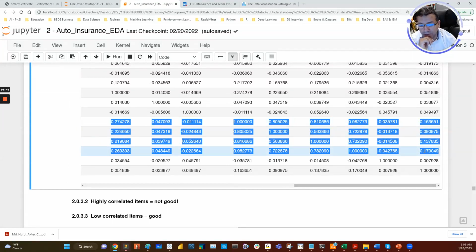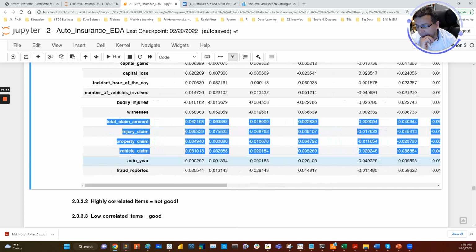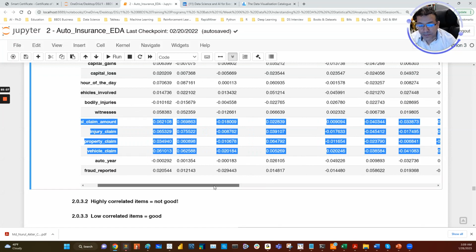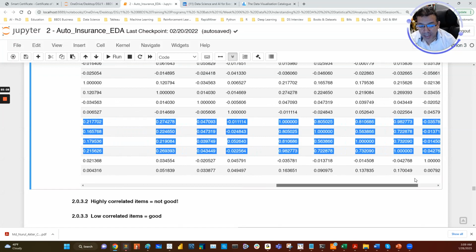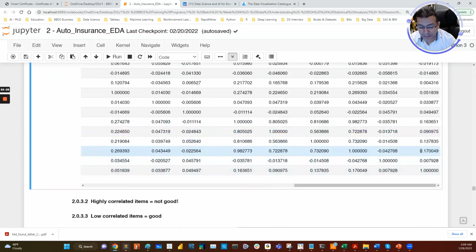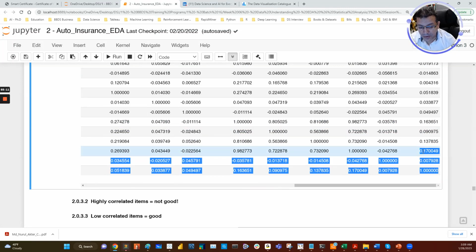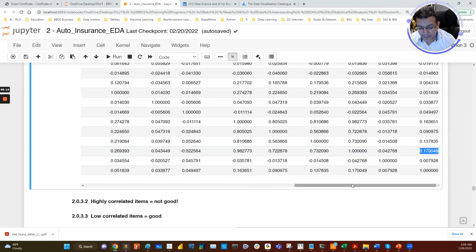What does that mean? It means vehicle claim has a stronger correlation with the target variable than the total claim, than the injury claim, than the property claim. Okay, so we are going to keep the vehicle claim, the last one.